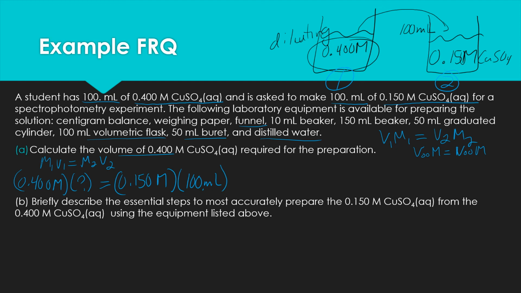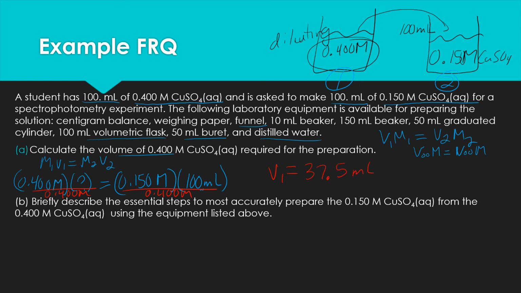So we can take a look at this. If we divide both sides by this 0.4 molar, we can get our volume by itself. So we'd have our V1, our volume, equals 0.15 times 100 divided by 0.4, which is 37.5 milliliters.